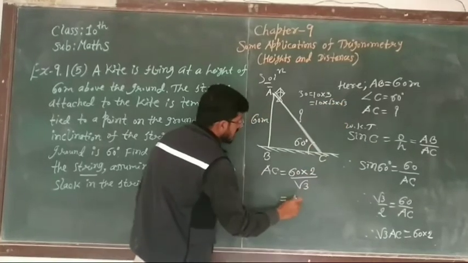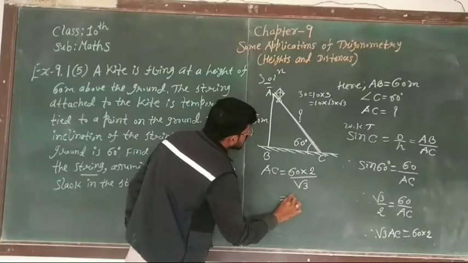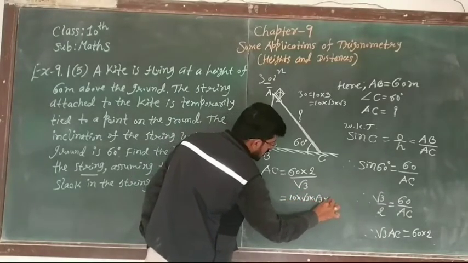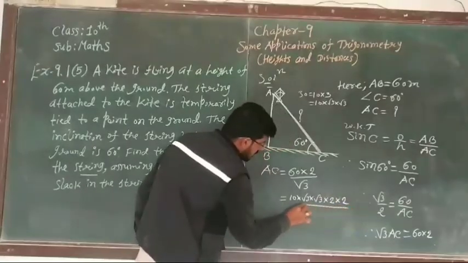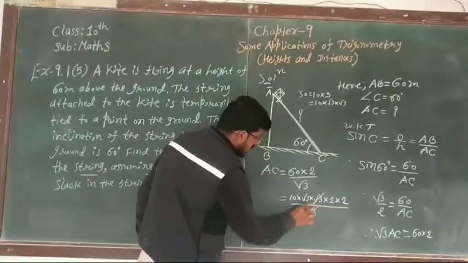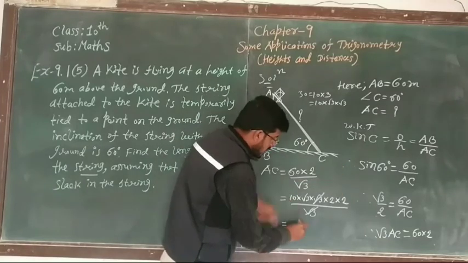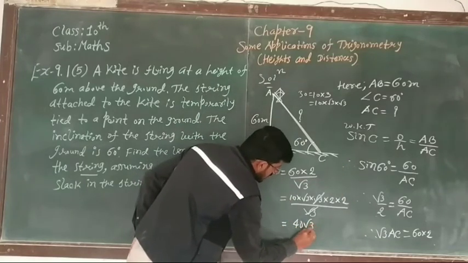So is equals to 10 into root 3 into root 3 into 2 all divided by root 3. So one root 3 will be cancelled out. So we get 10 into 2, 20, 20 into 2, 40. So 40 root 3 meter.